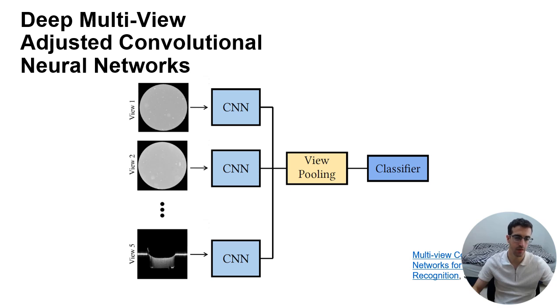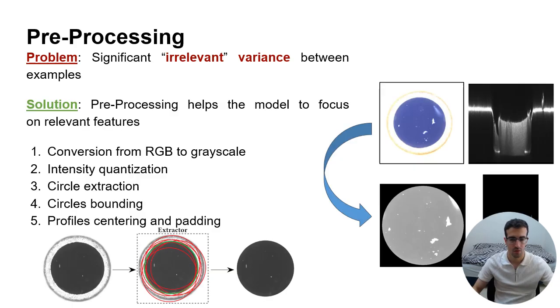Unfortunately, an initial attempt to run this model led to an overfit. One of the major reasons for overfit is significant irrelevant variance between examples. So we did a pre-processing. For example, we convert the images to grayscale since the color is irrelevant for classification.